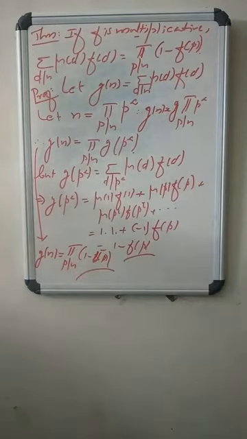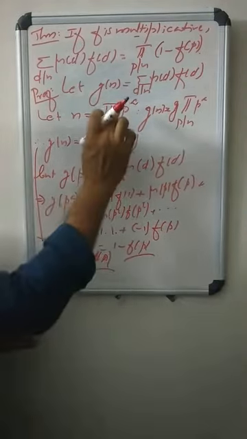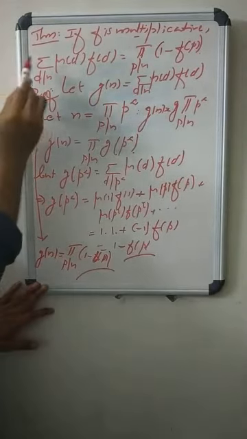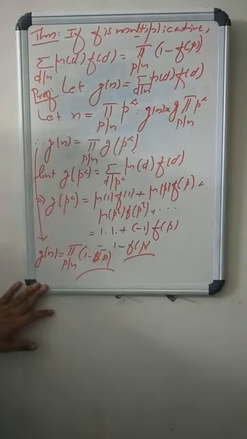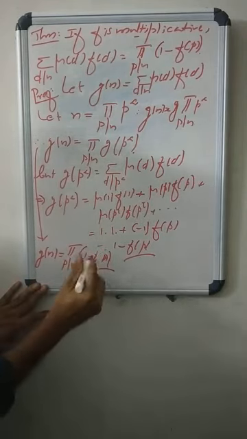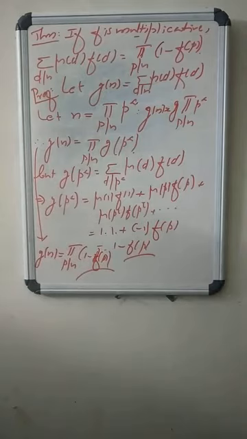So g of n equals the product over p dividing n of 1 minus f of p. But actually what is g of n? g of n is sigma over d divides n of mu of d into f of d. Then we show that sigma over d divides n of mu of d into f of d equals the product over p dividing n of 1 minus f of p. That is what we reduce here.